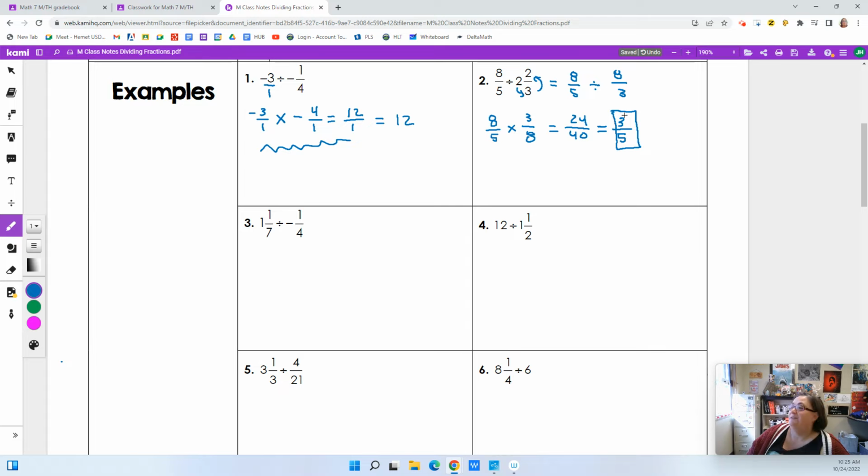Now, I'm debating whether to give you guys a piece of information or not because I don't want to confuse you, but I also think that it's a cool thing. I'm going to tell you guys right now. Notice that I have an 8 here in this numerator and I have an 8 here in this denominator.